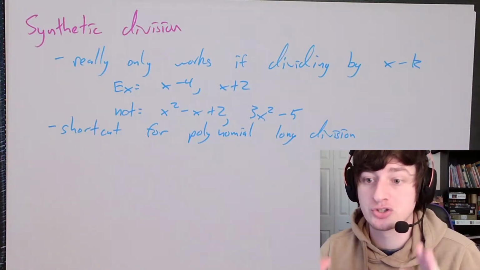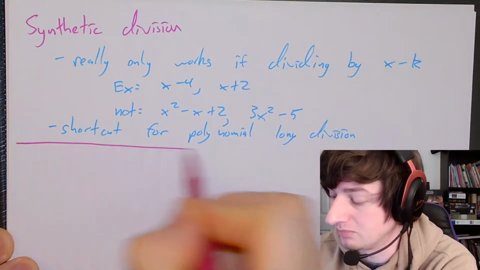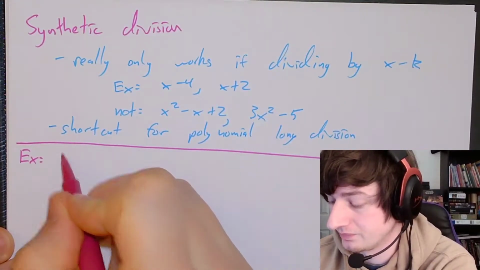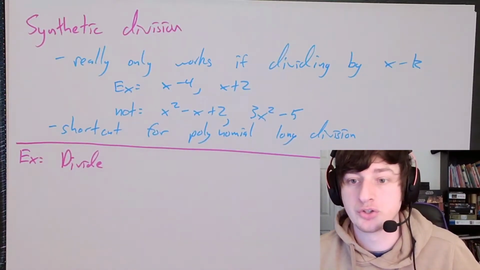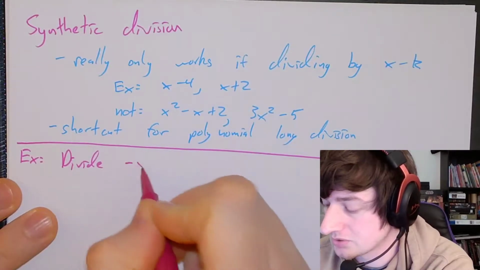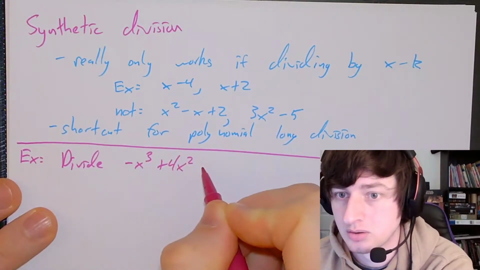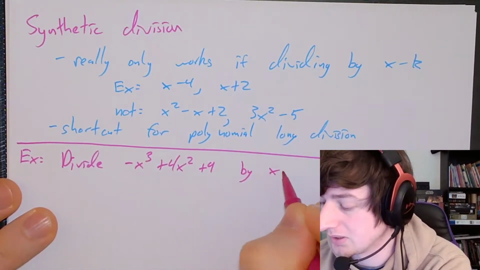So I want to start with polynomial long division. You're like, well, but we already did that. Yeah, I want to show you where the synthetic division comes from. So we're going to divide negative x cubed plus 4x squared plus 9 by x minus 3.